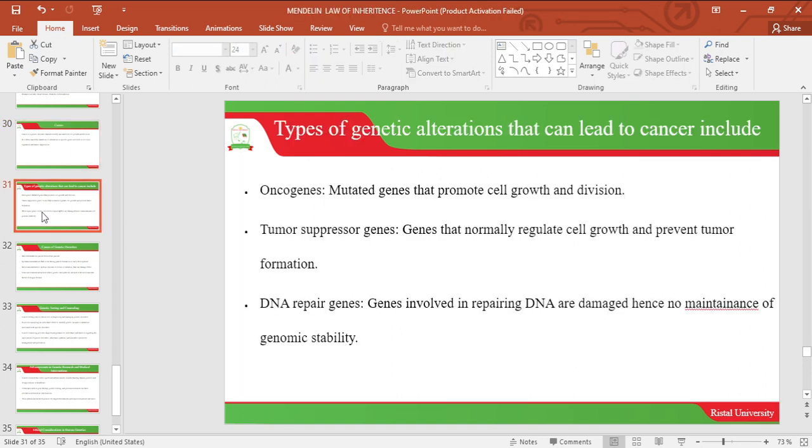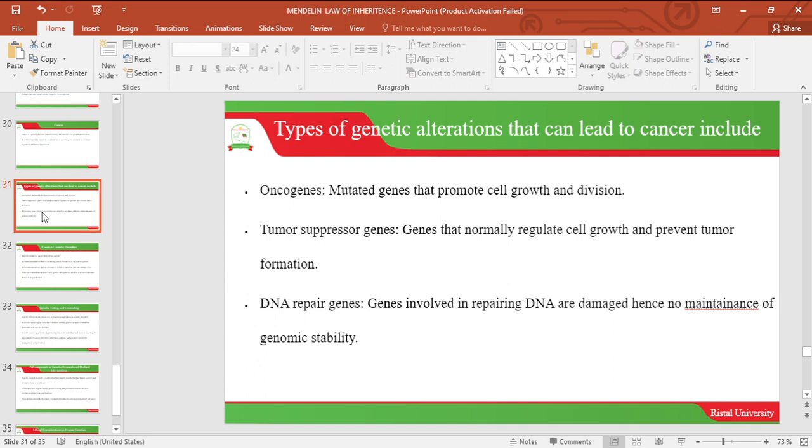Let's look at the types of genetic alterations that can lead to cancer. One of them is oncogenes. Oncogenes are mutated genes that promote cell growth and division. We have the tumor suppressor genes. These are genes that normally regulate cell growth and prevent tumor formation.